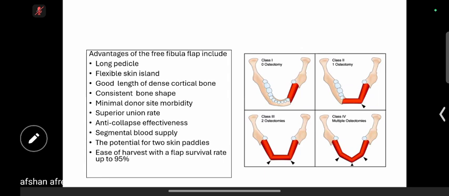The advantages of free fibula include a long pedicle, flexible skin island, good length of dense cortical bone, consistent bone shape, minimal donor site morbidity, superior union rate, anti-collapse effectiveness, segmental blood supply, the potential for 2 skin paddles, and ease of harvest with a flap survival rate of up to 95%. And multiple osteotomies can be performed with the fibula flap.